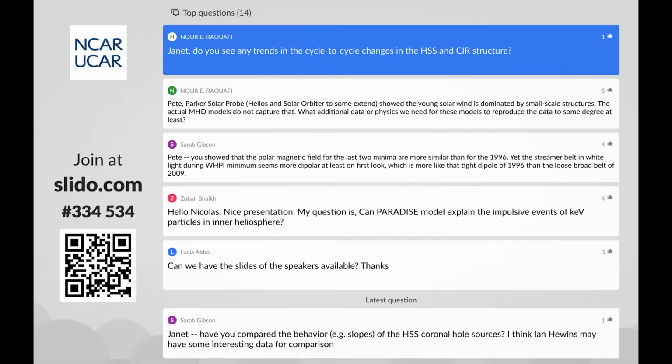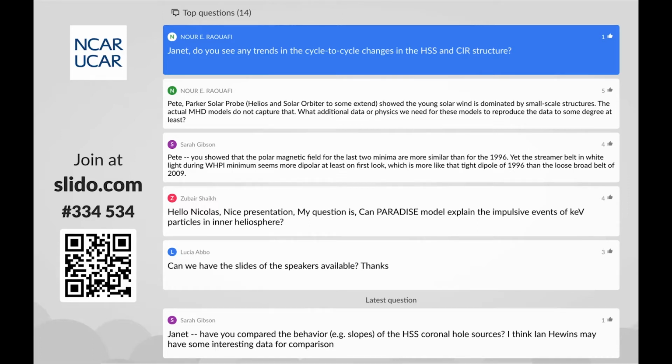So we don't really model, using for example another MHD code, what is happening inside the corona. For these impulsive events, I think it's important to capture the particle transport starting from the low corona onwards. So in that sense, it's currently not really possible to model these kinds of events.